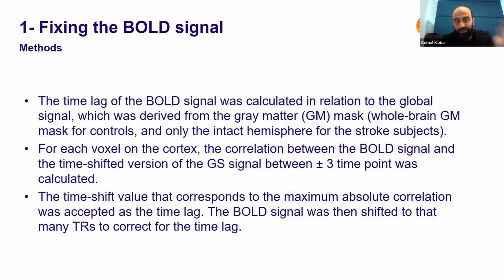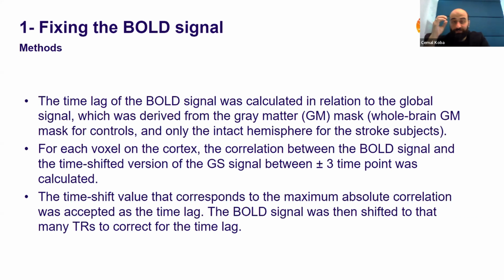So yeah, we went ahead and used the mean signal from the gray matter mask as a reference signal, and we decided on the time point plus or minus 3 TR, which corresponds to 6 seconds.